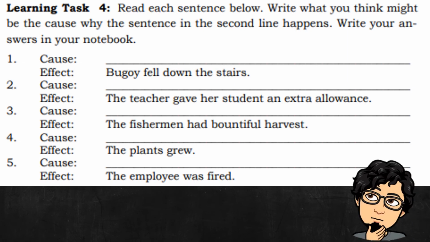Learning task number 4. Read each sentence below. Write what you think might be the cause why the sentence in the second line happens. Write your answers on your paper.